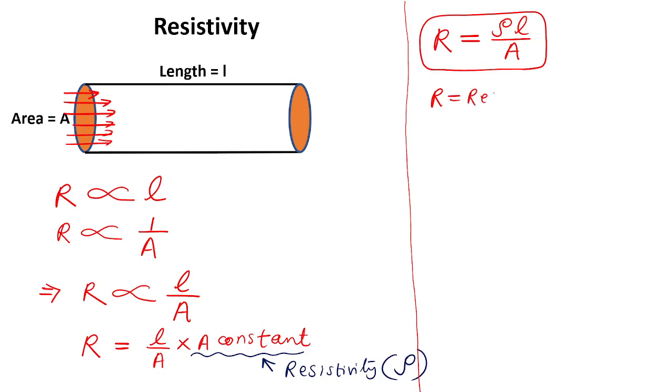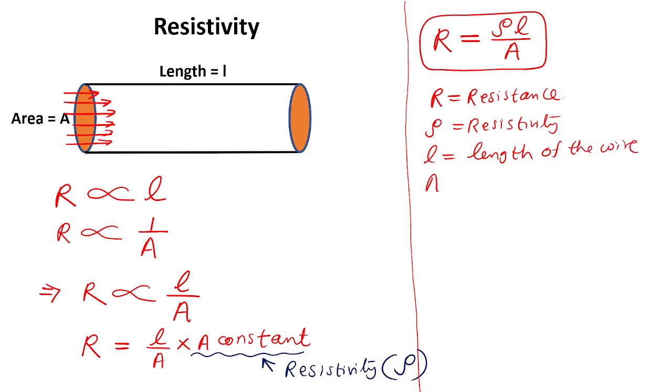Let me write all the terms here. R is the resistance, rho is the resistivity of the wire, L is the length of the wire, A is the area of cross section, the area of the base, okay?